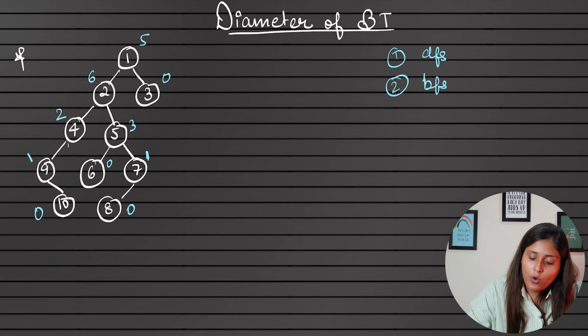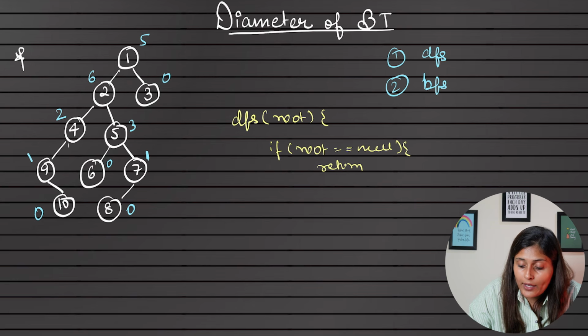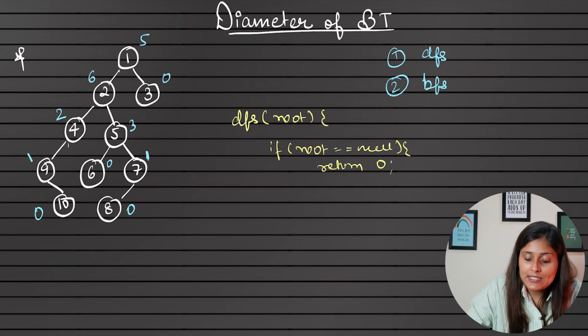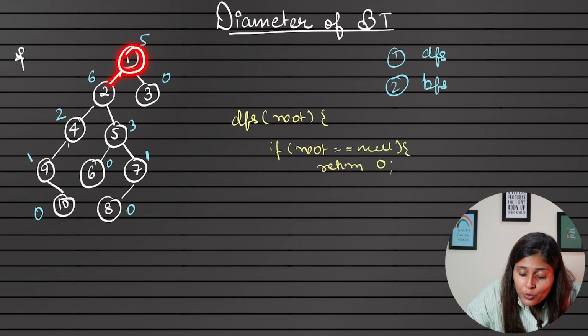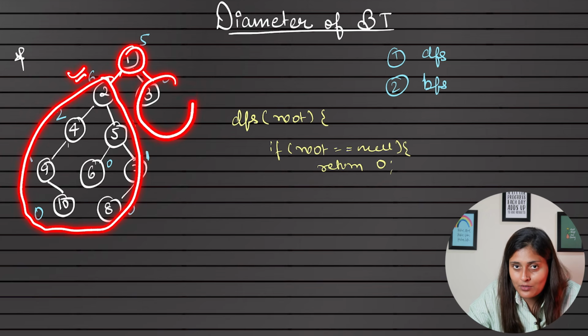So the DFS function will have root. First I will check if my root is not null. If my root is null, return right then and there. Correct? Can I say 0? Why? Because I am waiting for my left node to give me an integer value so that I can add it with my right node. If I return null, how will you add this null with the 1?